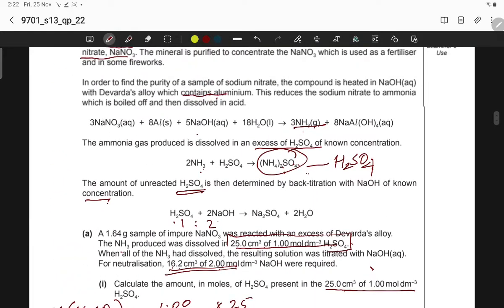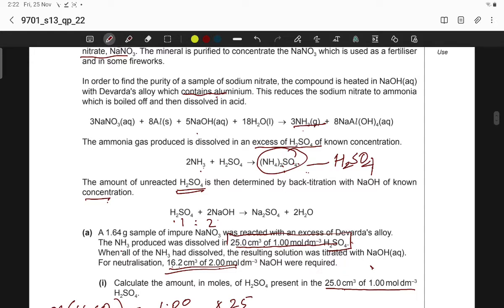Why is it known as back titration? Because first of all, sodium hydroxide reacts with this compound. Now the ammonia produced from this reaction dissolves in sulfuric acid, which is in excess. The amount unreacted is then determined by back titration with sodium hydroxide.